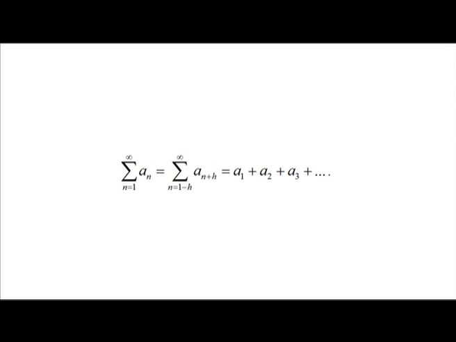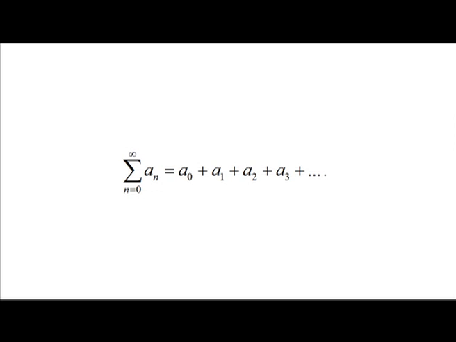Summation a_n, n from 1 to infinity, equal to summation a_(n plus h), n equal to 1 minus h to infinity, which is equal to a1 plus a2 plus a3 plus etc. For instance, with h equal to 1, summation a_n, n from 0 to infinity, equal to a0 plus a1 plus a2 plus a3 plus etc.